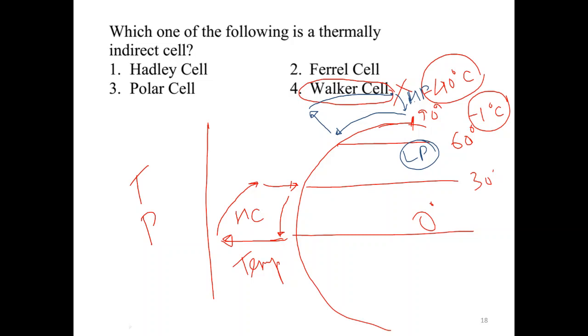This is the idea behind the polar cell. So what was the basic concept behind the polar cell? The temperature again. In the case of the Hadley cell, it was the warm temperature, while in the case of the polar cell, it was the cold temperature.